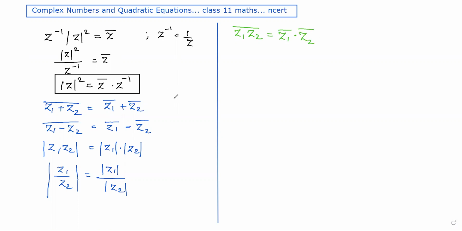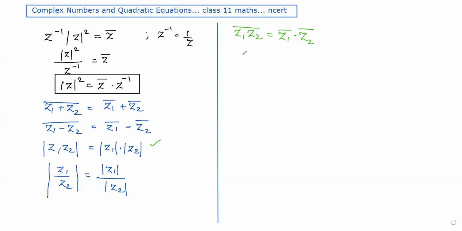So this formula is the same as the mod formula. Here you're taking mod of multiplication of both values, which is equal to multiplication of individual mods. Here, the combined conjugate of multiplication of two complex numbers will be equal to multiplication of individual conjugates of the same complex numbers.